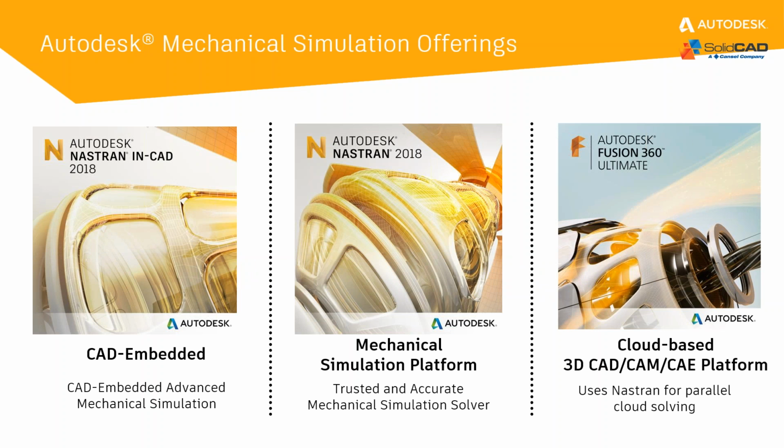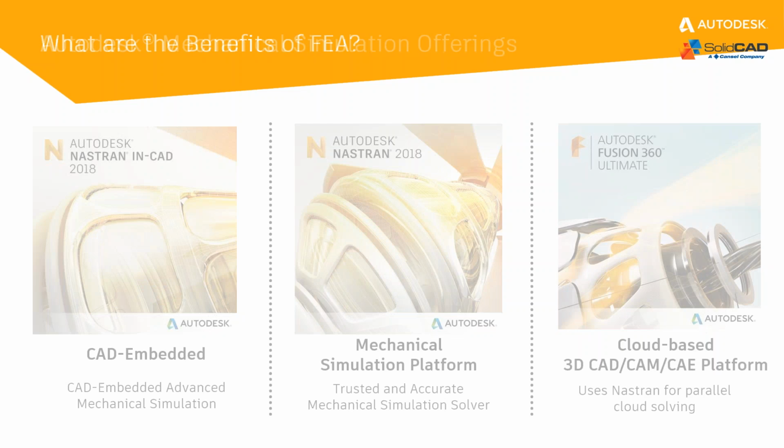One is the Nastran-in-CAD, which is a CAD-embedded advanced mechanical simulation that we're going to be talking about today. This uses the Nastran solver, which is also available in other pre- and post-processors. And the Fusion 360 Ultimate, which is the cloud-based 3D CAD/CAM/CAE platform that uses Nastran for parallel cloud solving.